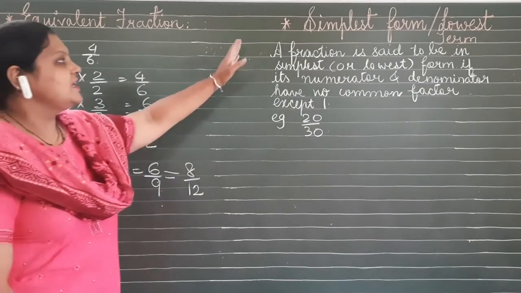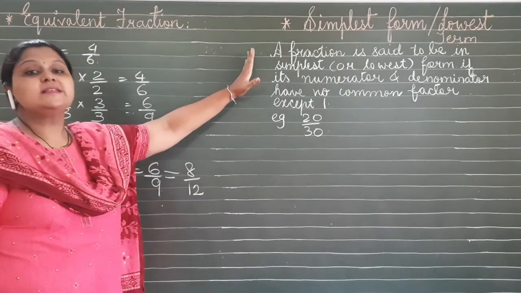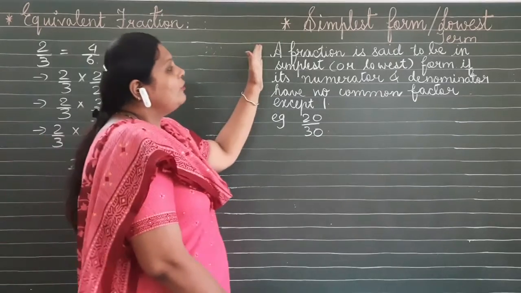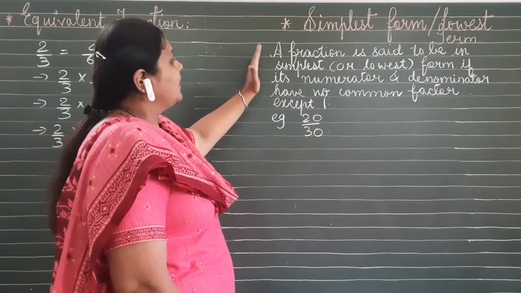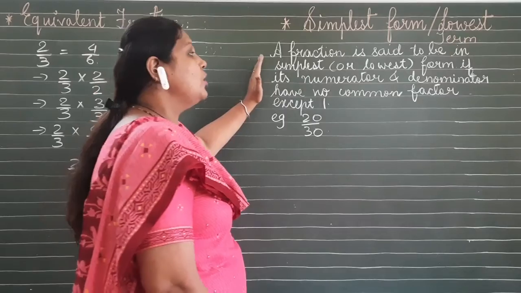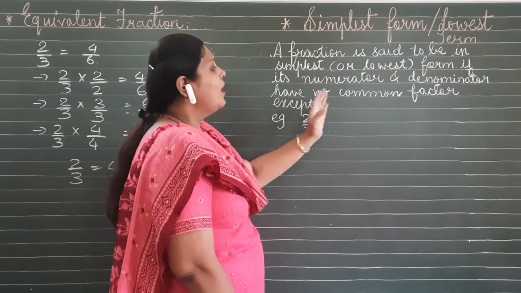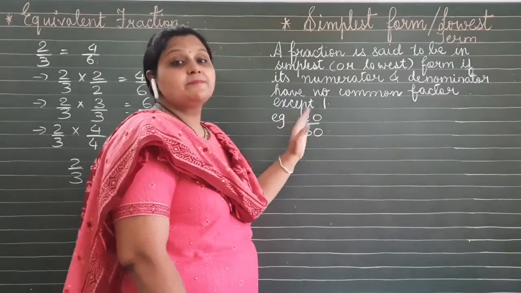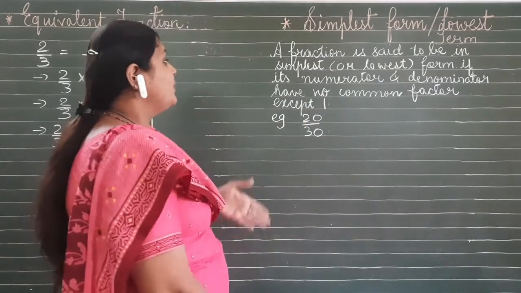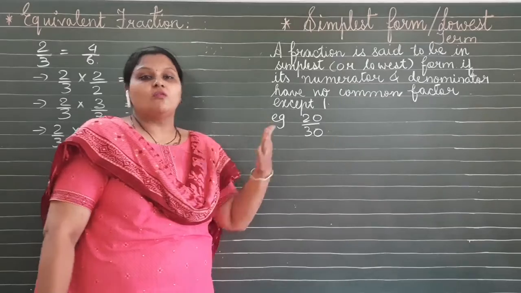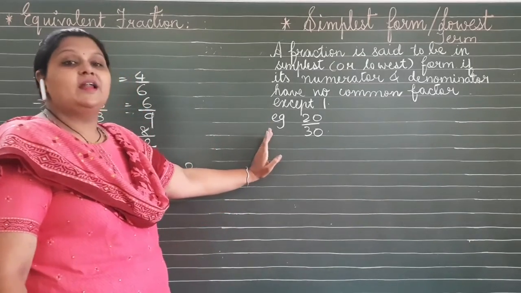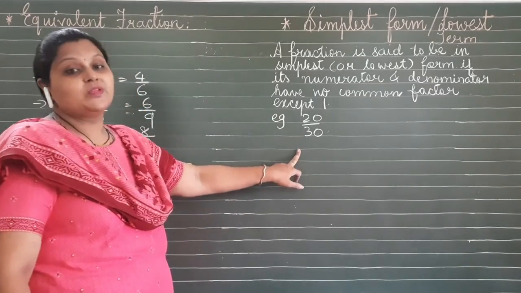Now let us see simplest form or lowest term. A fraction is said to be in simplest or lowest form if its numerator and denominator have no common factor except 1. Means there should be only one common factor, 1. For example, let us take 20 upon 30.